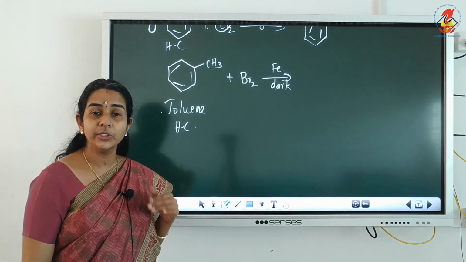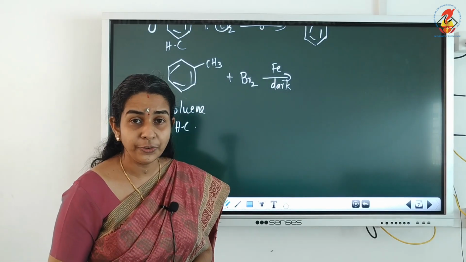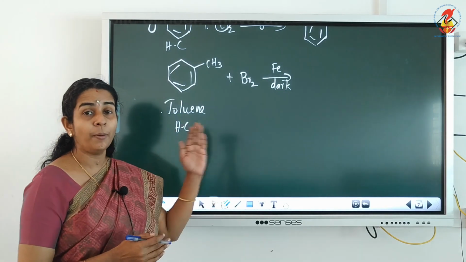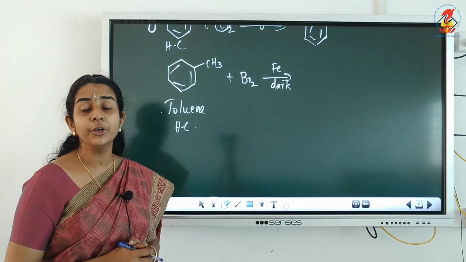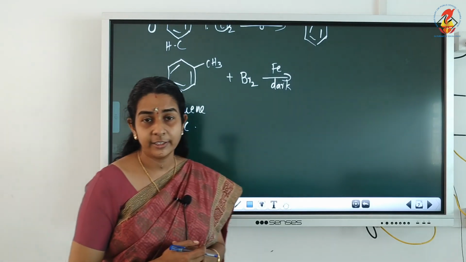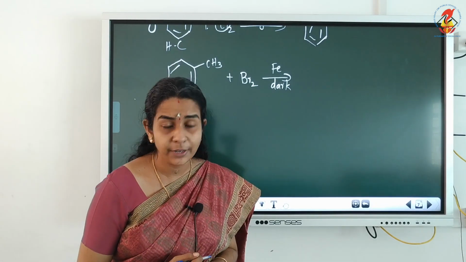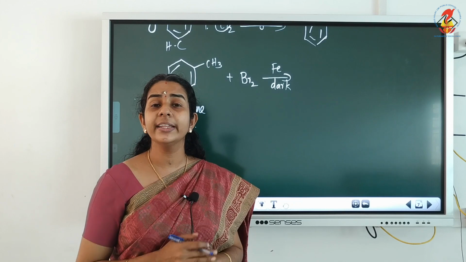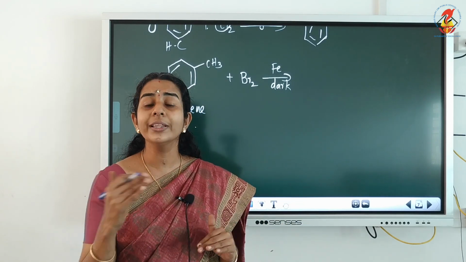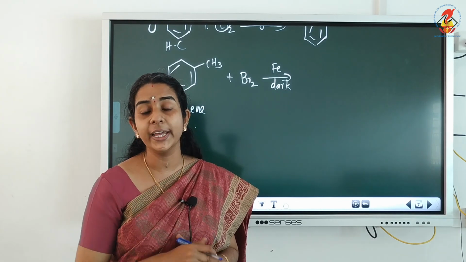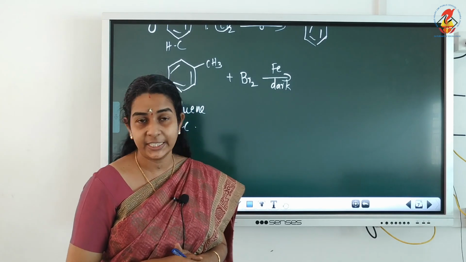So here also the basic reaction is electrophilic substitution reaction. So bromination will be taking place, but there is a methyl group already present in the ring. So here we have to see the directing influence. And we know that methyl group is an alkyl group, and all the alkyl groups are ortho-para directing and activating.